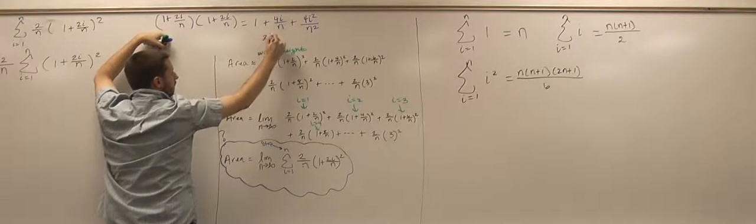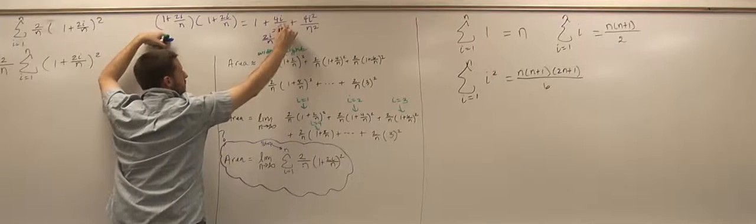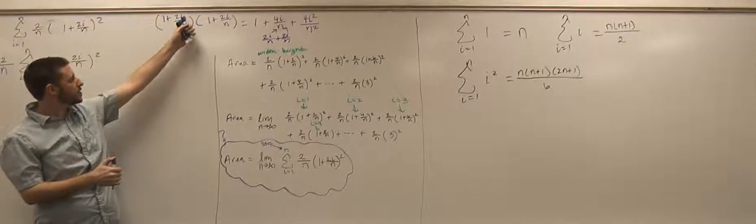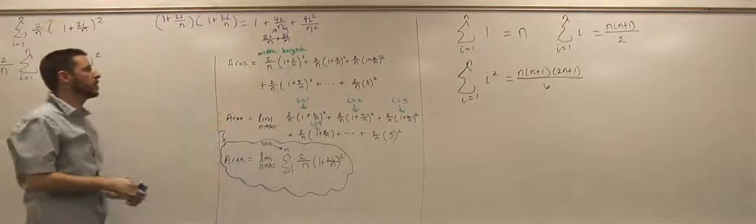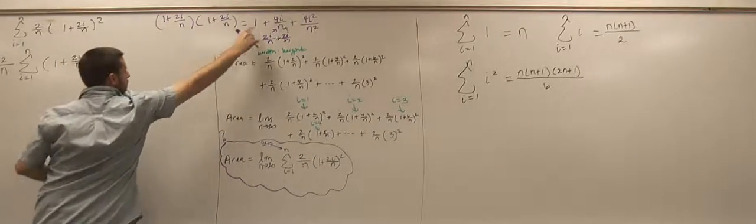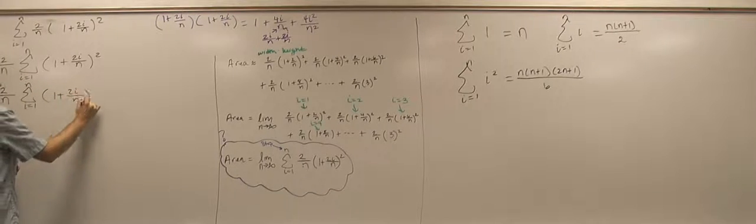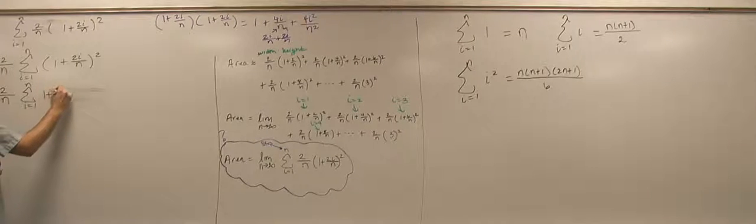So really you had 2i over n plus 2i over n, and that's what led to this. And then on the last terms here, 2i over n times 2i over n is 4i squared over n squared. So if you FOIL this out, you get this.